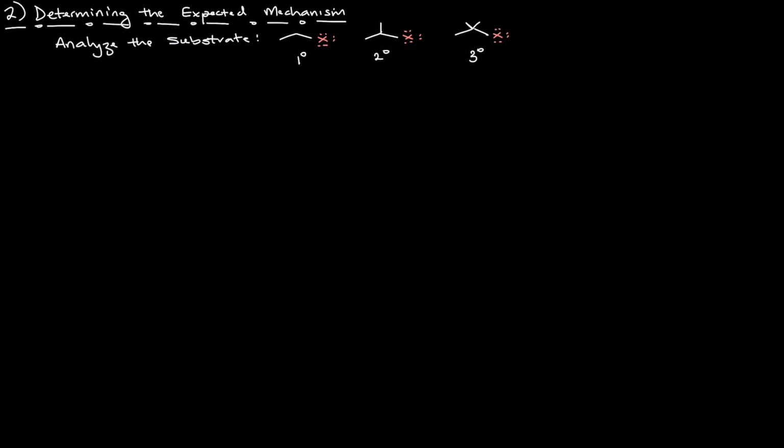And right now, we've only learned about alkyl halides as substrates, but there are three categories of alkyl halides that we've learned about: the primary, the secondary, and the tertiary alkyl halides. So if you're able to determine that, that gives you a good idea of how these substrates are going to behave. So let's start by analyzing the primary alkyl halide.